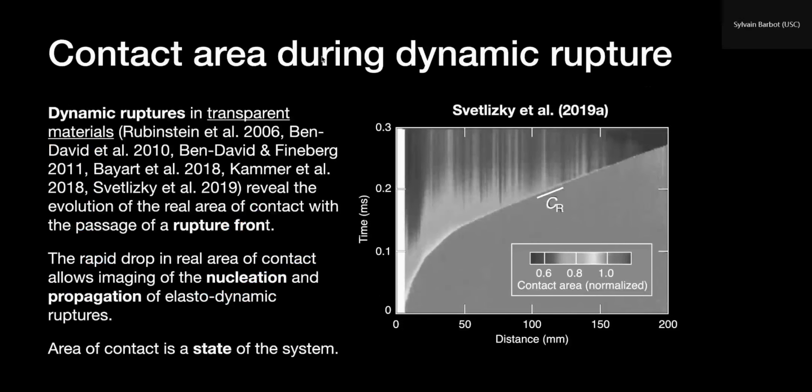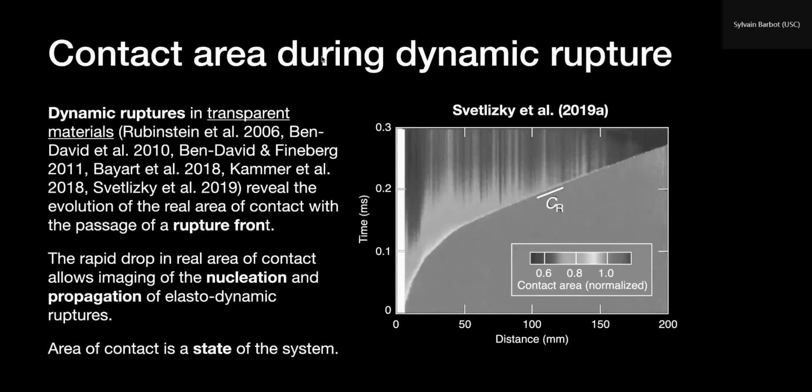Then in the 21st century, and now going on for 2 decades, there have been other experiments on transparent materials that not only image the real area of contact, but manage to image its evolution during the passage of seismic ruptures.